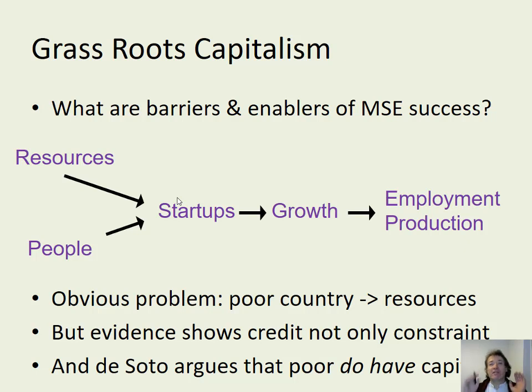So an obvious number one problem when you look at this is, okay, it's a poor country, it hasn't got enough resources, and obviously that's going to be part of the story. But evidence shows it's not just that poor countries have fewer resources, particularly capital, though it is a constraint. Other things could be the trained people, the sufficient trained human resources. And as the Peruvian economist De Soto argues, who's on the reading list as well, in his book Mystery of Capital, he argues that in actual fact poor countries and poor people do have capital, but because, in his case, property rights are weak, that capital can't be put to work in the same way it can be put to work in a more developed economy.